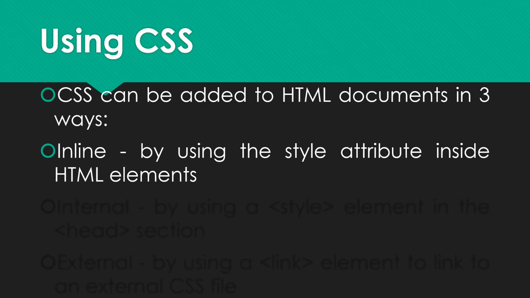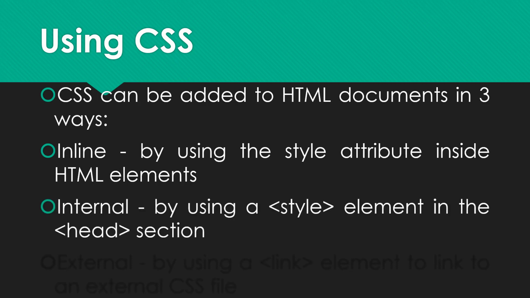You remember we've been adding the style attribute in the previous HTML elements to specify the colors of our tags. That way of designing something and changing its appearance using the style attribute is what we call inline.